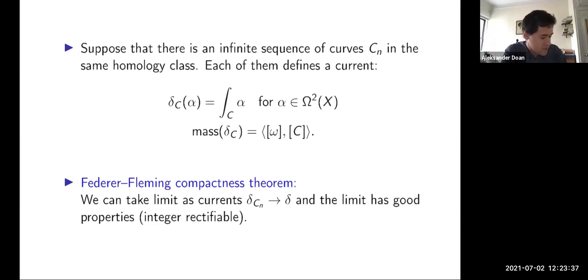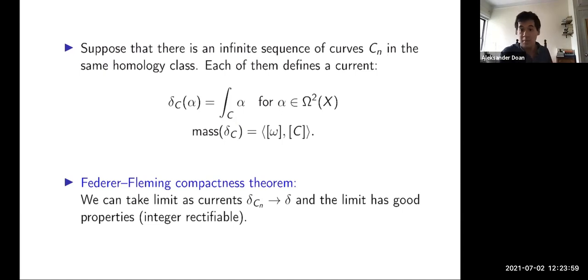So I want to think of these curves as currents. So a 2-current is a linear map on the space of 2-forms, and every curve defines such a current simply by integrating 2-forms over C.